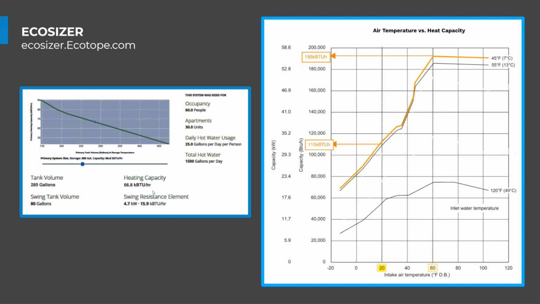So that's going to be adequate capacity to meet that load. At more of our normal operating condition, maybe 60 degrees, we're going to be getting a lot more heat capacity out of that device, right? So this chart is meant to highlight that although the manufacturer may be rating their heat capacity at 60 to 70 degrees Fahrenheit, you need to be focused on the design air temperature that that heat pump water heater will be serving.